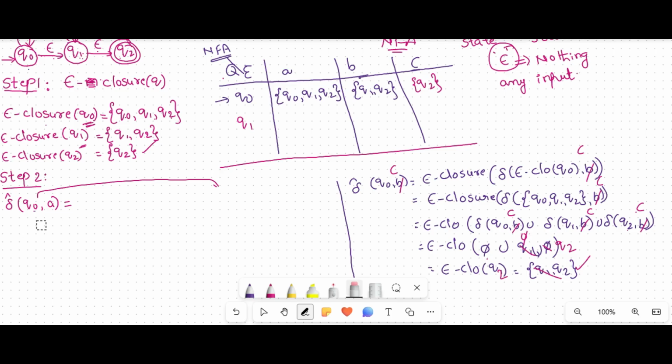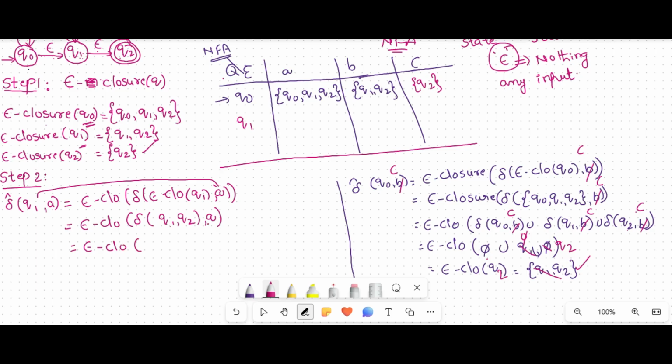Q1 with A is epsilon closure of delta of epsilon closure of Q1 comma A. Epsilon closure of Q1 is Q1, Q2, with A. That means epsilon closure of Q1 with A, which is phi, union Q2 with A. Q2 with A is also phi.